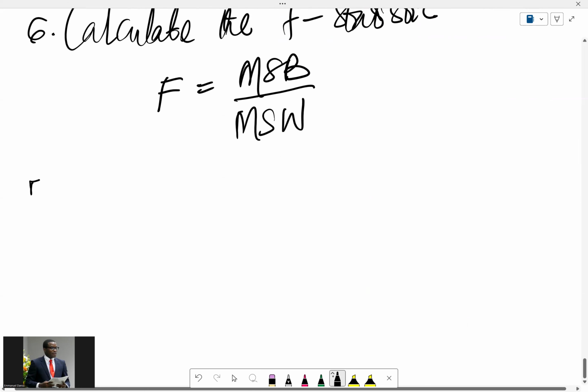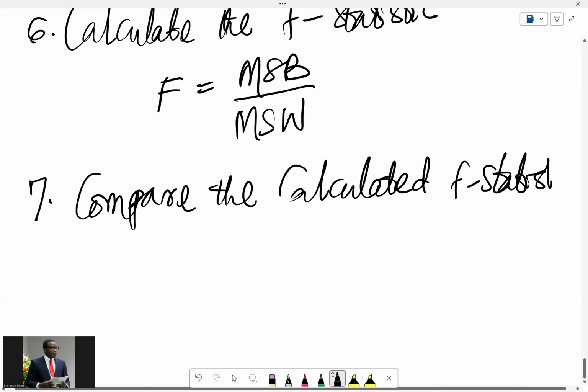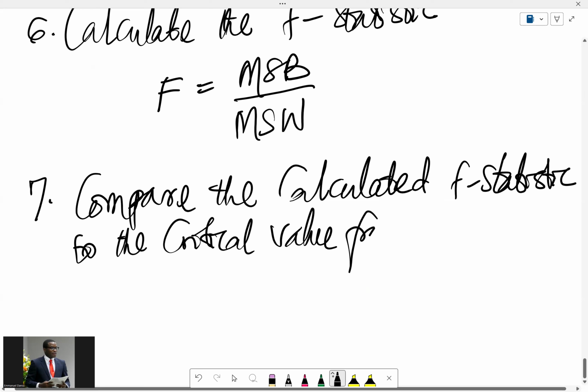Then step 7 is to compare the calculated F statistic to the critical value from the F distribution table.